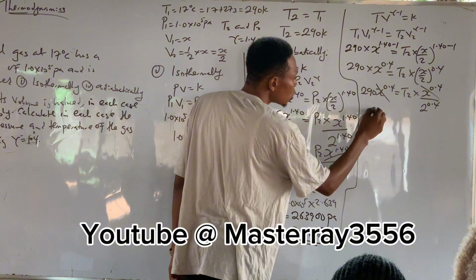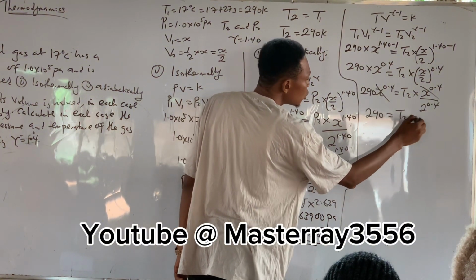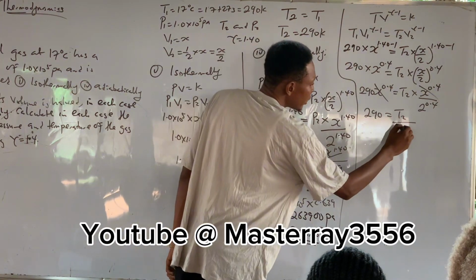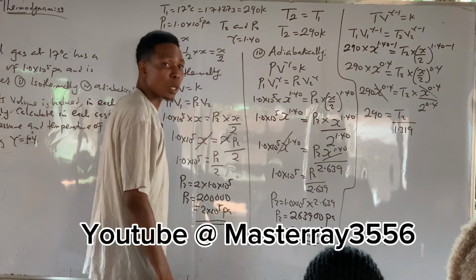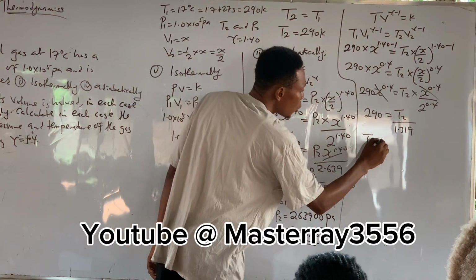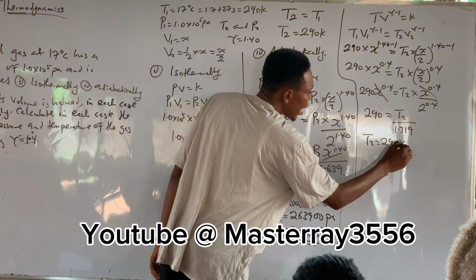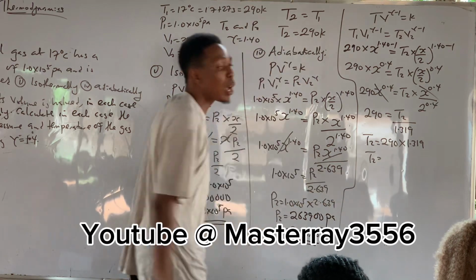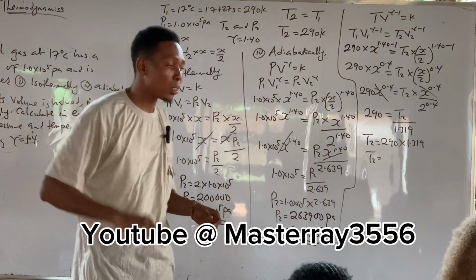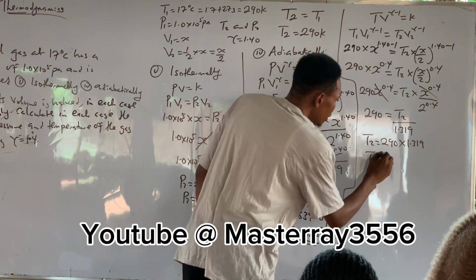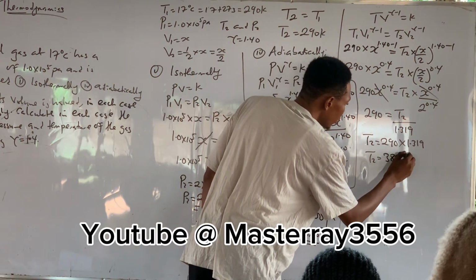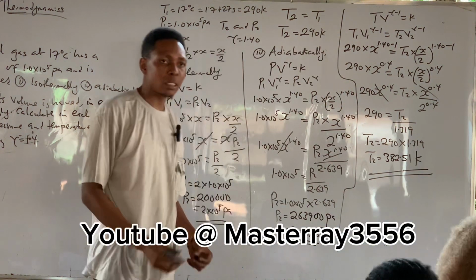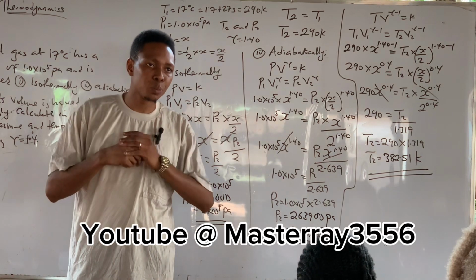We are left with 290 equals T2 over 2 raised to power 0.4, which is 1.319. What do you do? Cross multiply. All right, T2 will be equal to 290 times 1.319, which is 382.51 Kelvin. So that's our answer. Any question? All right.